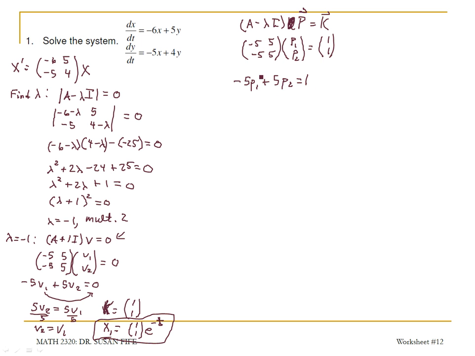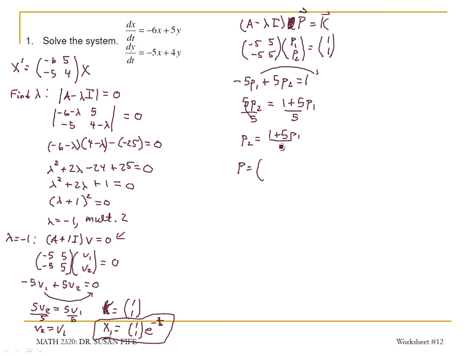So here I'm going to solve for p2. I can bring my p1 term over to the right side, so I get 5p2 is equal to 1 plus 5p1, and then divide by 5, and I get p2 is equal to 1 plus 5 p1 over 5. So here I want to choose values.